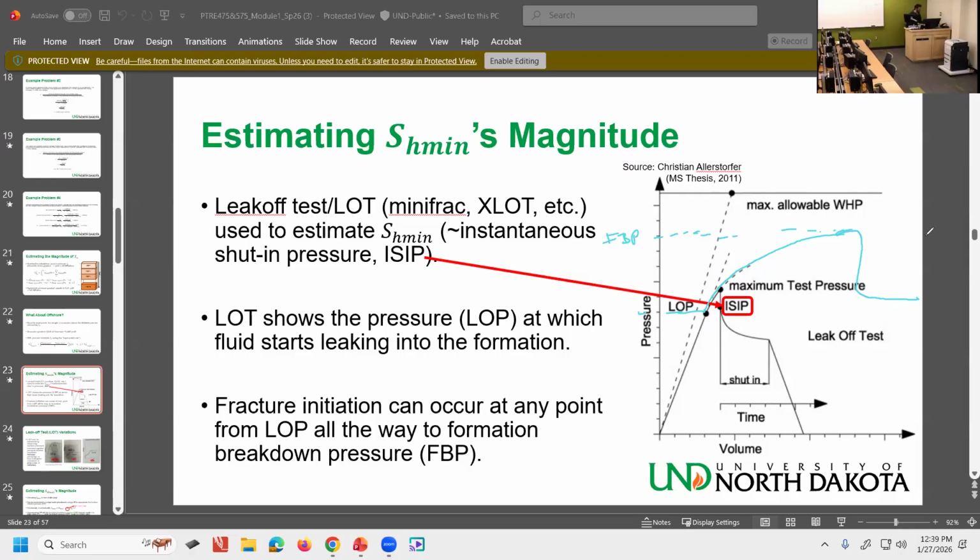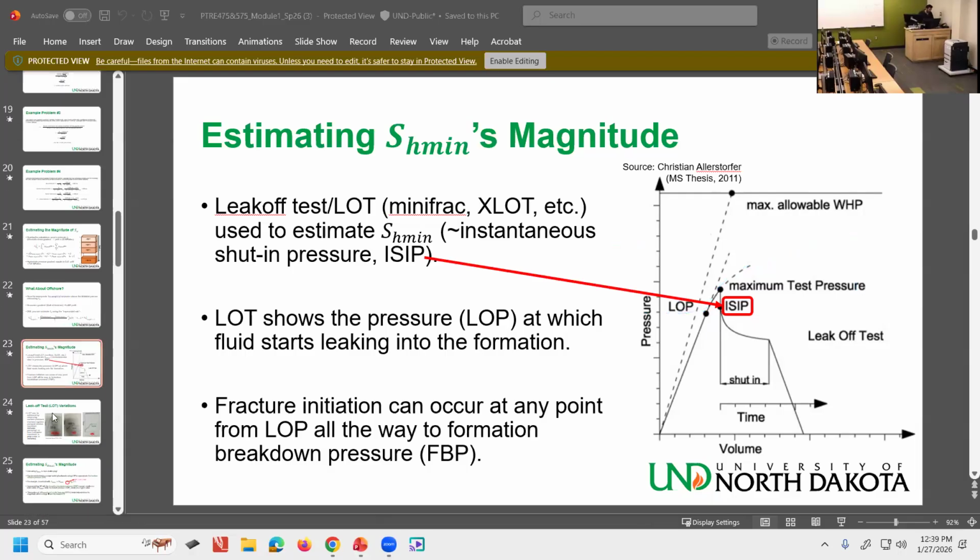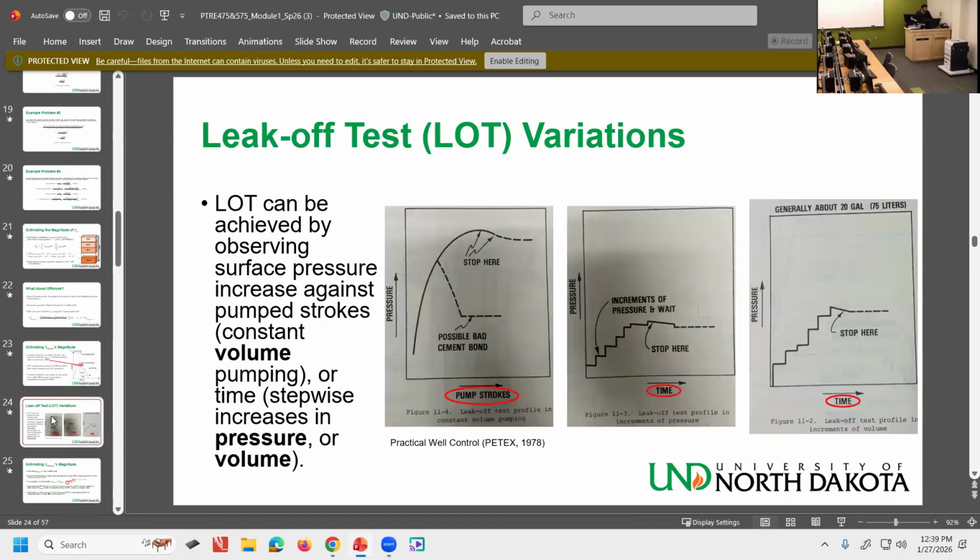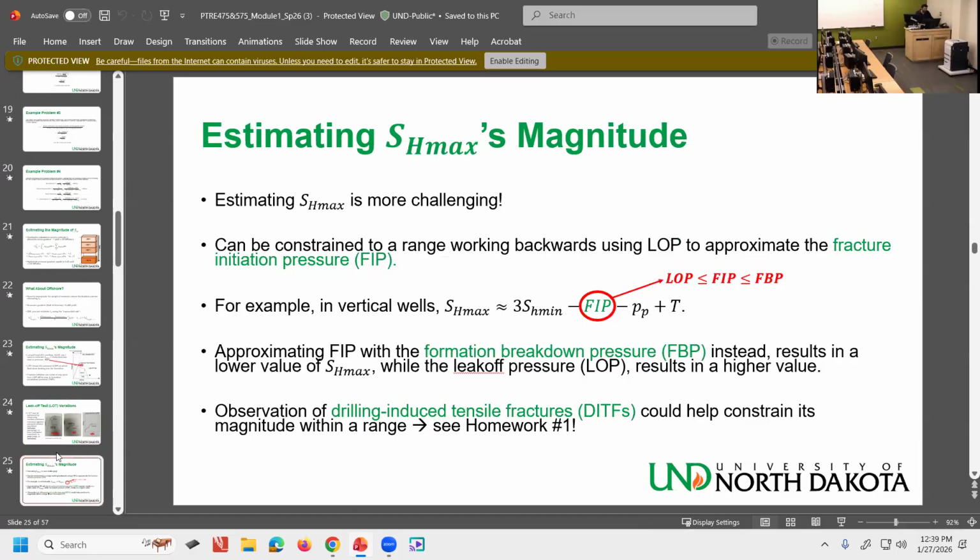It's much more complicated than overburden. There are several ways to do those tests, plural, several ways. And then when it comes to SH max, it's the hardest of all, okay? Regardless of where you are.